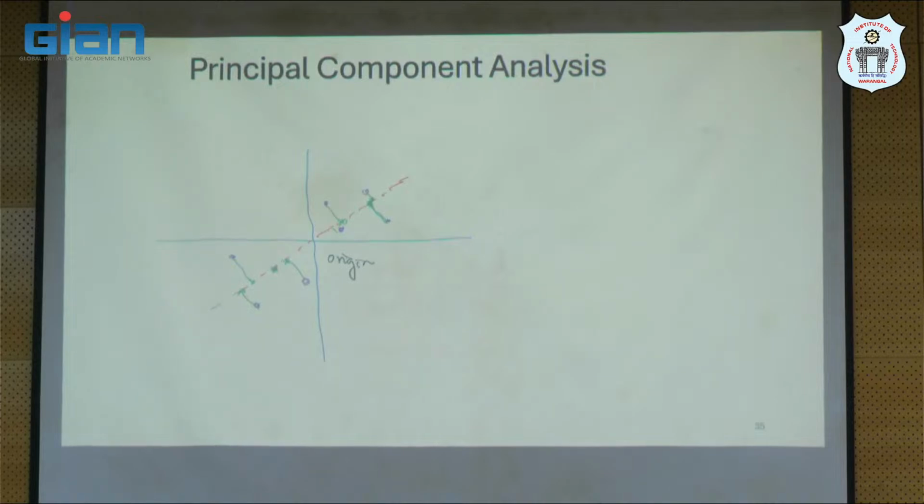Whenever you have an original data set, you try to fit a line or draw a line that will have the best representation. So you can have a line like this, or you can even have a line like this. So let us consider the same data set. I will try to draw it as close to this as possible. I can also have another line like this passing through the origin.